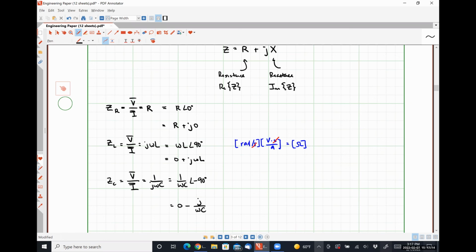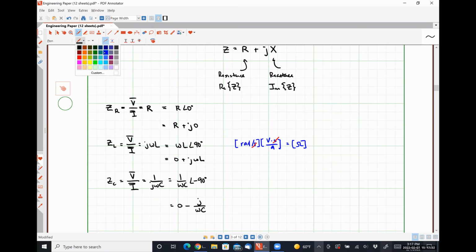So to be clear here, I am saying that 1 over j looks like negative j, which I believe we proved in our complex number lectures. Okay, so that's where that negative sign comes from.